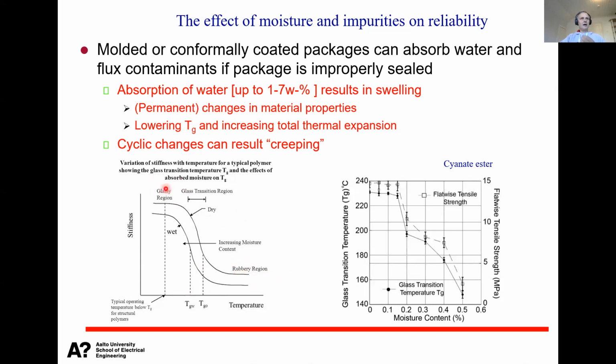And how this is defined is that the stiffness, the strength of the material, drops drastically. So here it's strong, and here it is less strong. And then when you increase the moisture content, jumping from here to here, you decrease the glass transition temperature, and your stiffness is decreased earlier when you go temperature up.